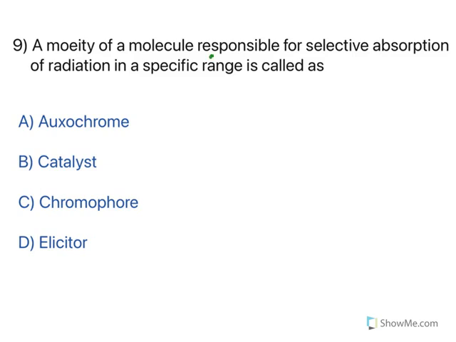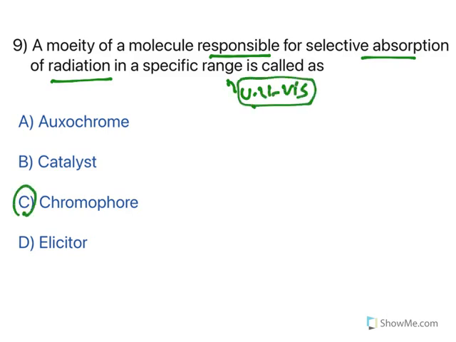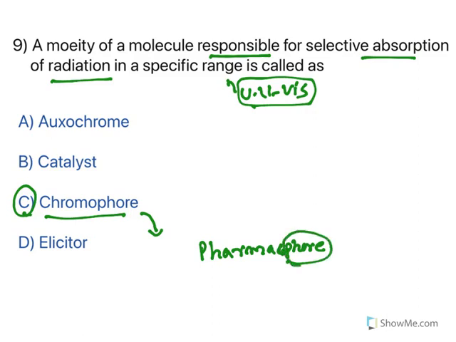Now, a moiety of a molecule responsible for selective absorption of radiation in specific region, especially UV and visible region, is called as chromophore. Now, you need to understand this word. You know, in pharmacology, we read about pharmacophore. Pharmacophore means a group or combination of functional groups which are responsible for its mechanism of action. So, phore means a particular moiety. Pharmaco means its mechanism of action. When you say chromo, it means color.